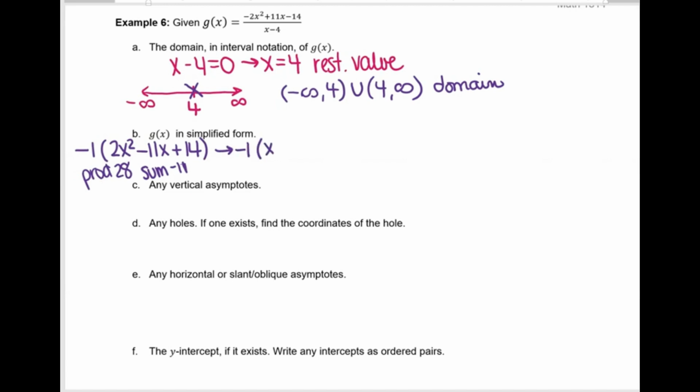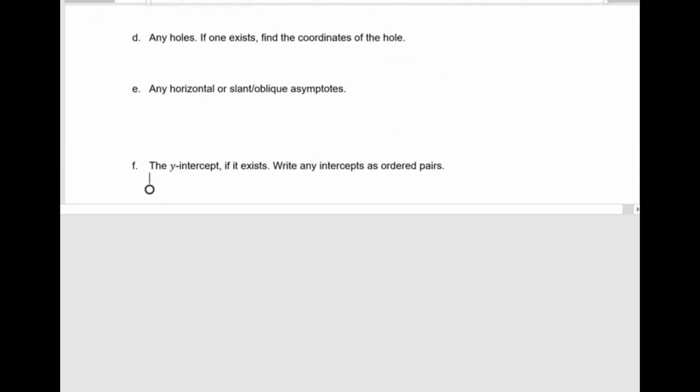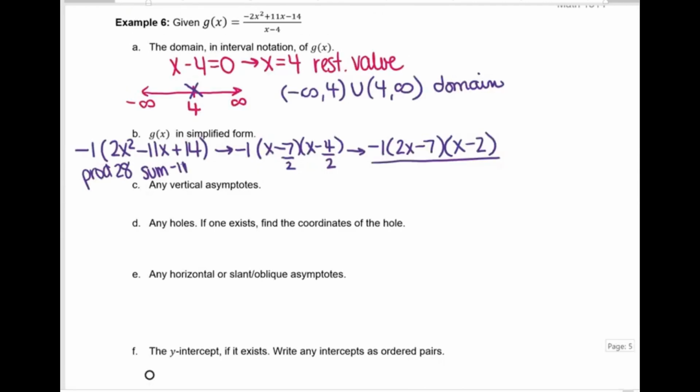I would have x minus 7, x minus 4, divide by my 2, my leading coefficient, and I get -1 times 2x minus 7, because the 7/2 doesn't reduce, so the 2 comes up, times x minus 2 all over my x minus 4.